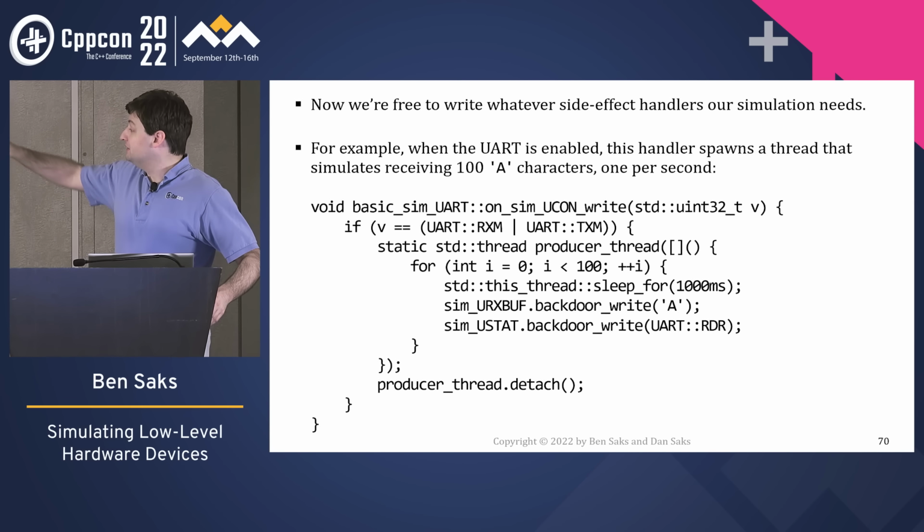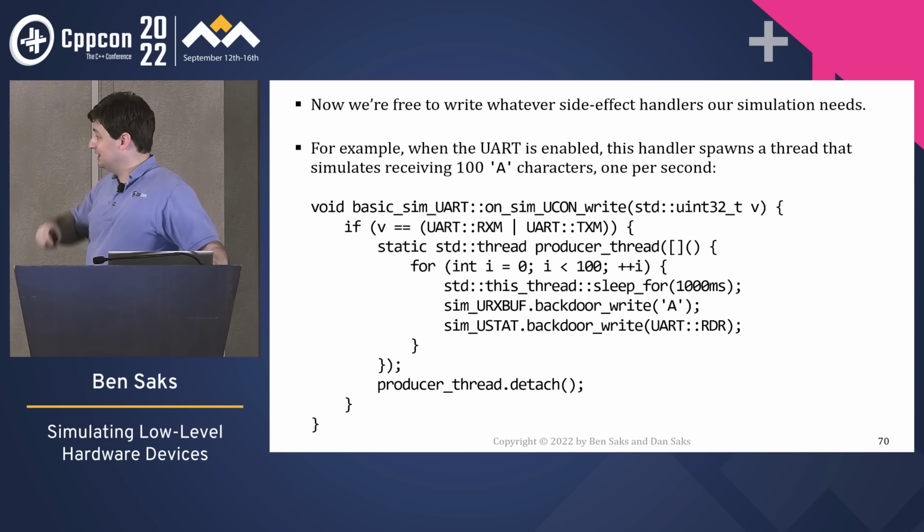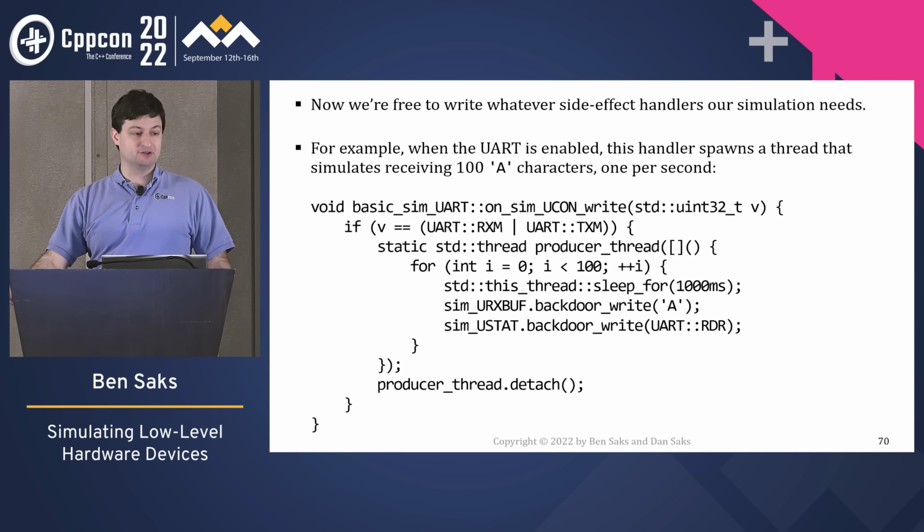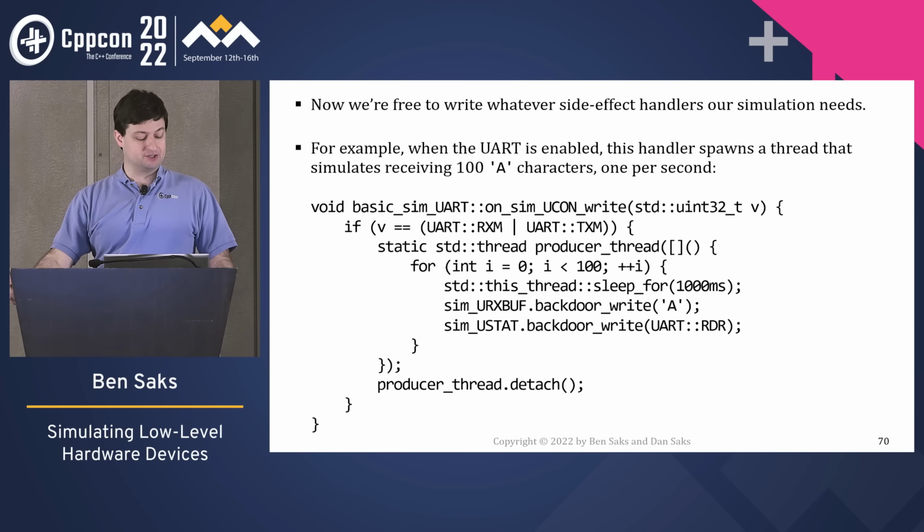So in this example, I've written the handler for writing to the control register so that if it detects that I'm enabling the UART, it should spawn a thread that will go off and essentially simulate receiving an A character from the outside world via the UART once a second.